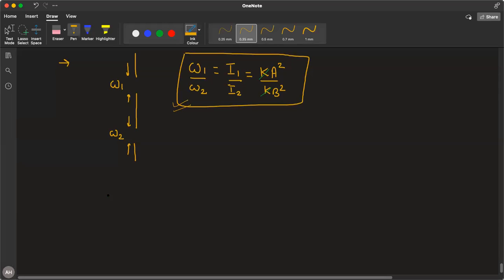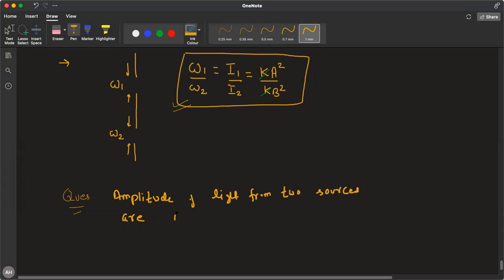The next question is, the amplitude of light from two sources are A and 2A.